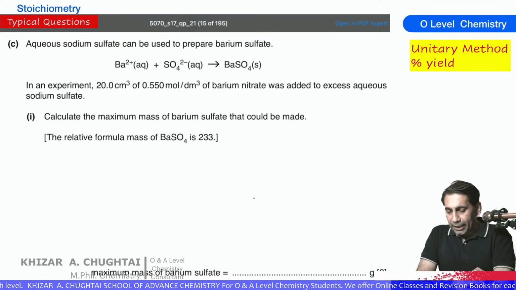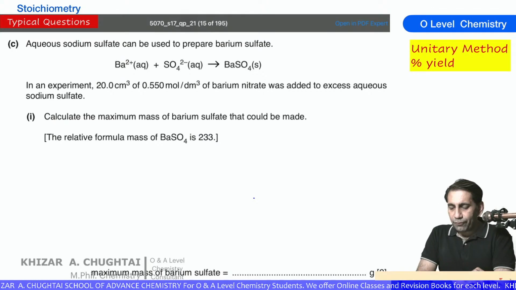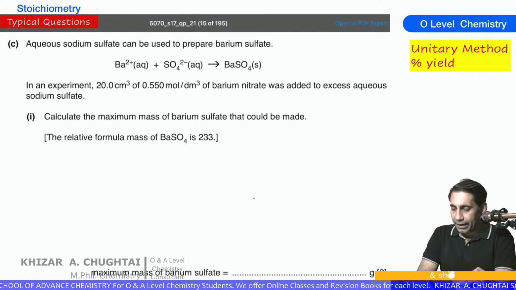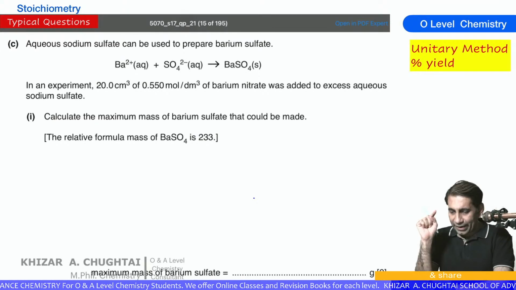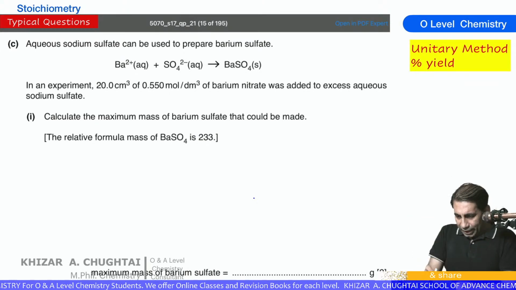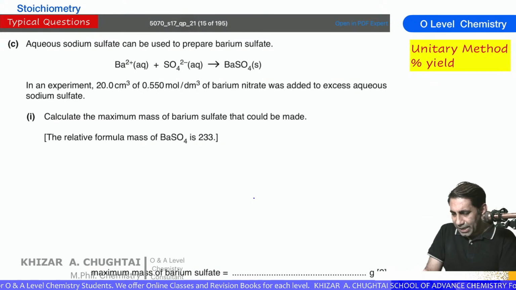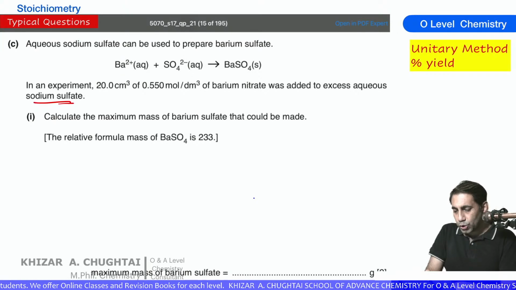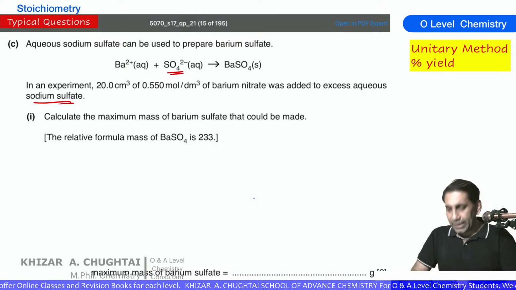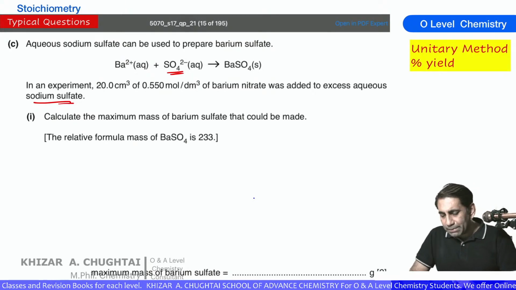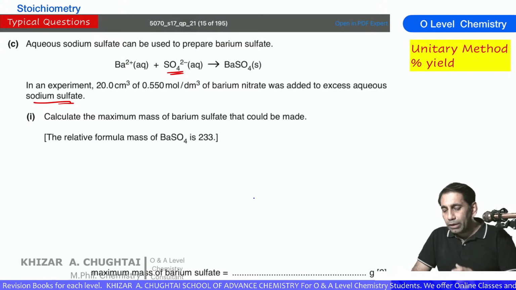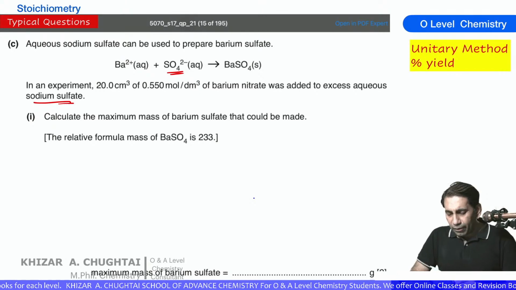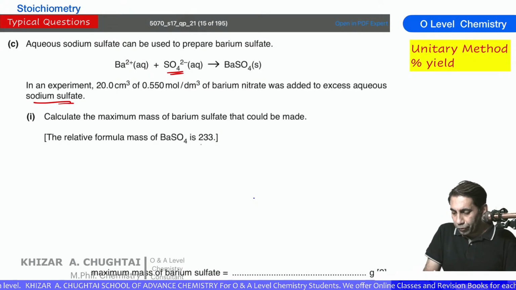In an experiment, 20 cm3 of 0.550 mol per dm3 barium nitrate was added to excess aqueous sodium sulfate. Now, he told us it's in excess; sodium sulfate is a source of SO4. Calculate the maximum mass of barium sulfate that could be made. The relative formula mass of barium sulfate is 233.